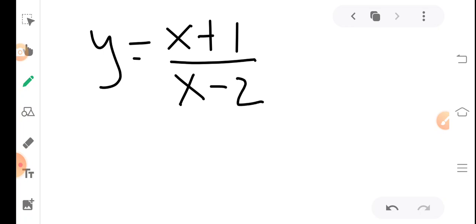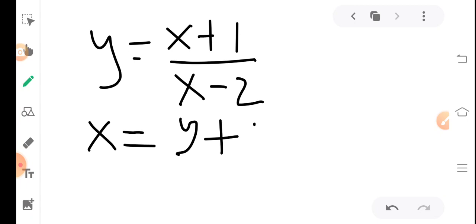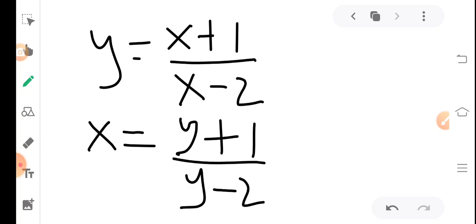So again, switch the position of your x and your y. So we have x is equal to y plus 1 all over y minus 2. Then solve for y.